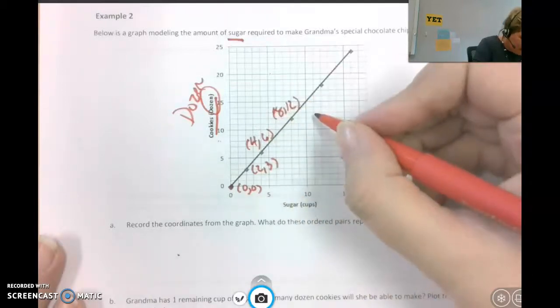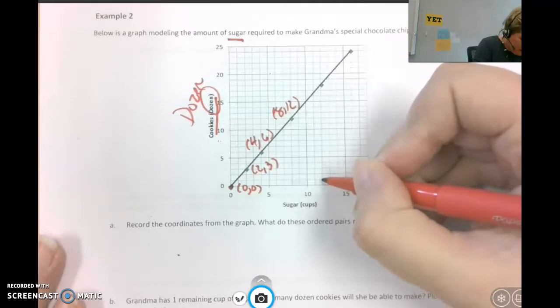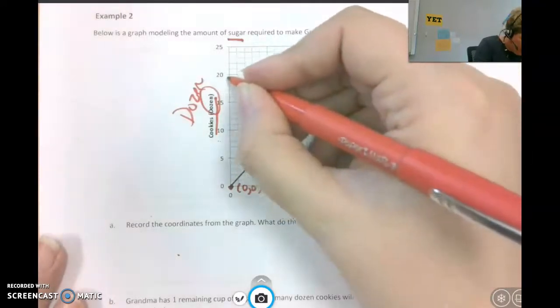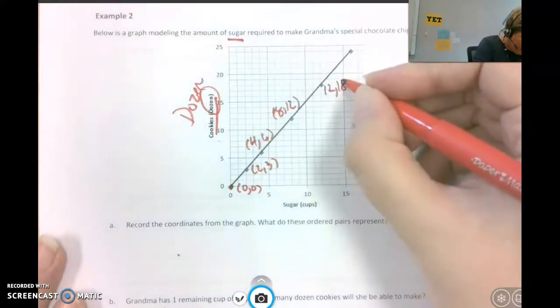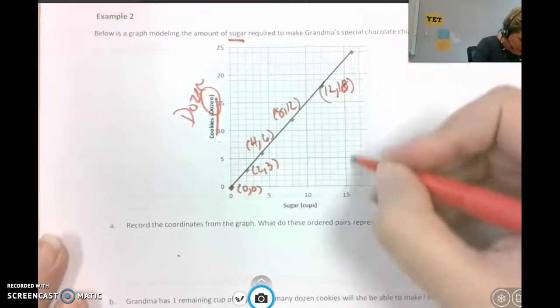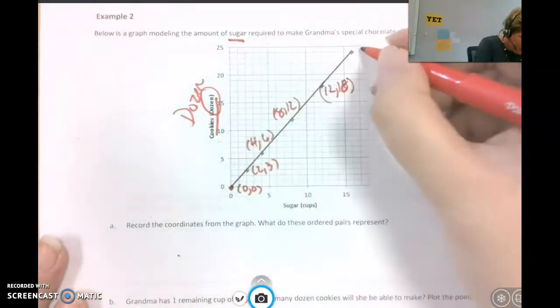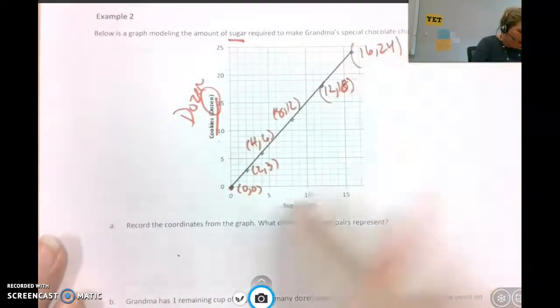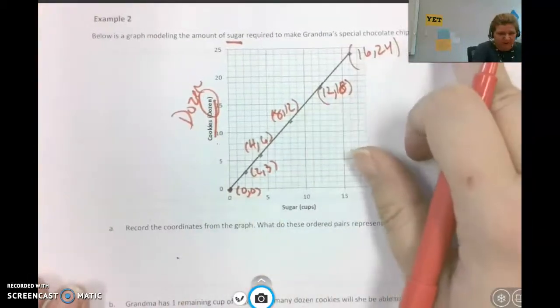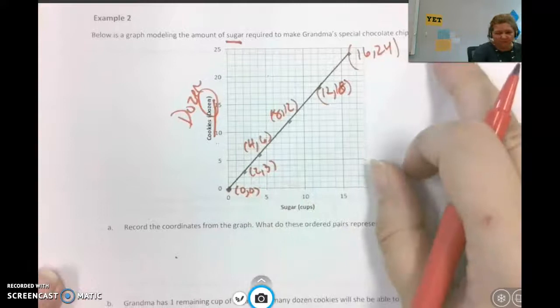Next we have 12 and 18, and 16 and 24. So here are the coordinates. I'm not going to rewrite them. I've chosen to write them right there on the graph.